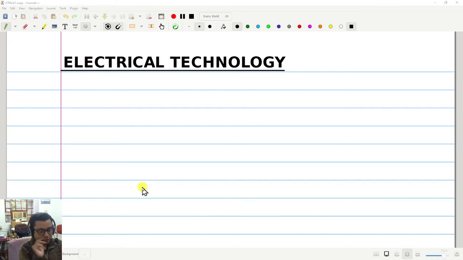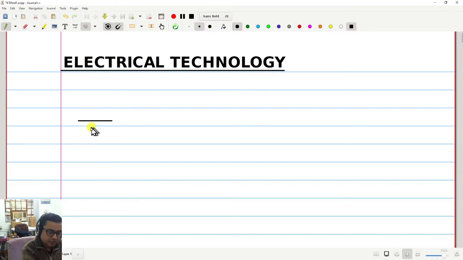Okay, so let us start maybe with some small problems involving electrical circuits. Suppose we have a battery and say we have a few resistances.